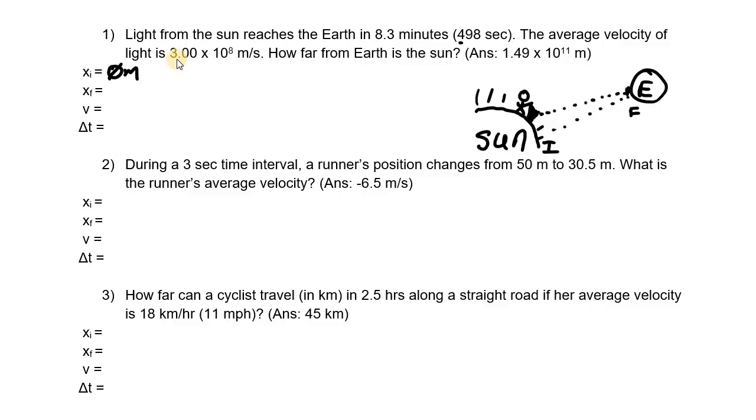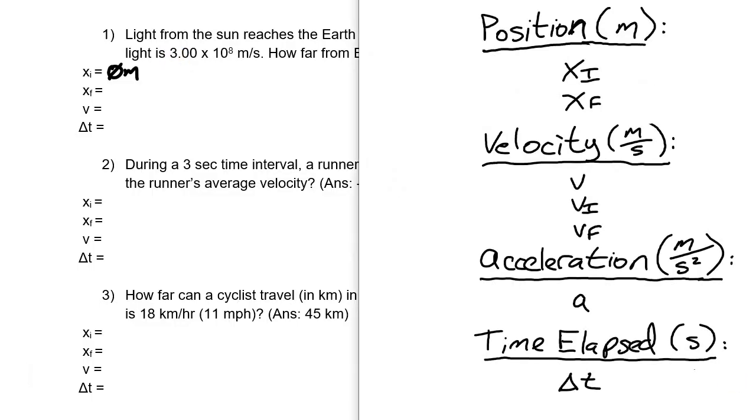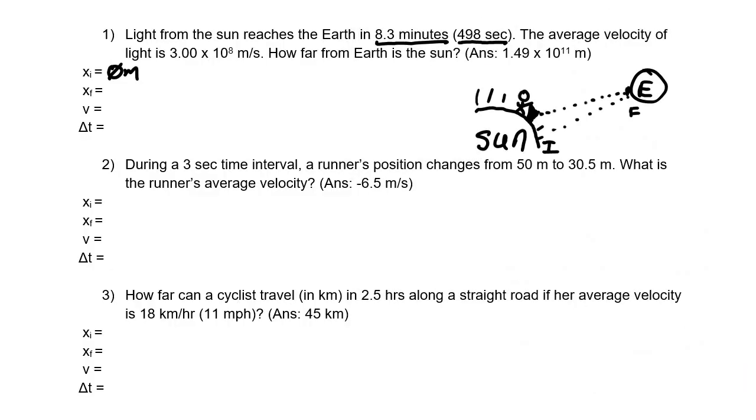So let's go through here and pull out the given information that we have. It's going to take 498 seconds, which is equal to 8.3 minutes. Which one of these units do we want to be using? Time is going to be measured in seconds, so let's use the 498 seconds. So we have our delta t, which is 498 seconds.